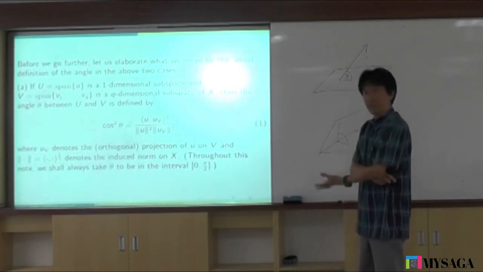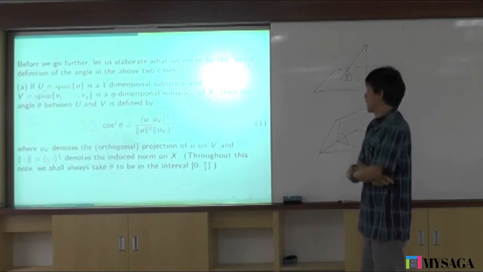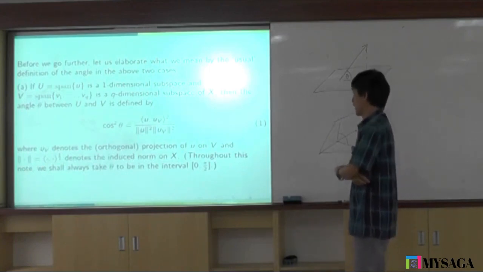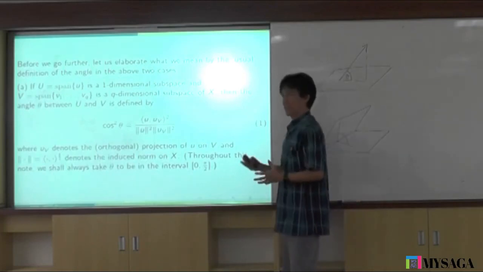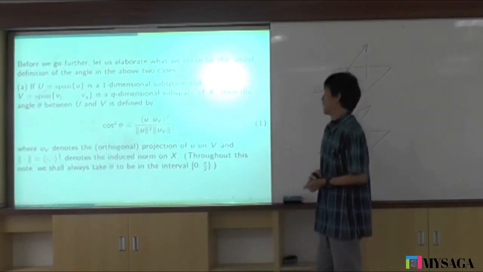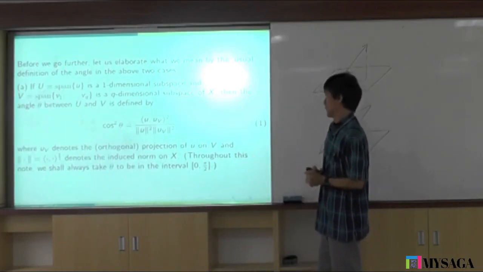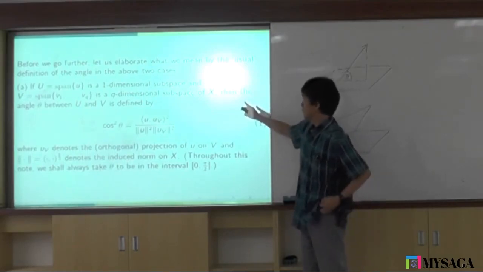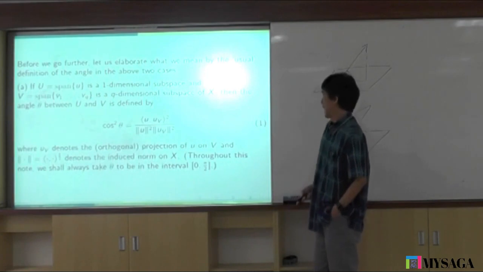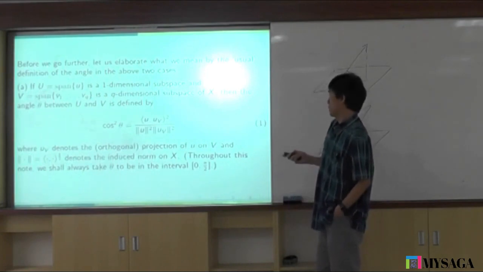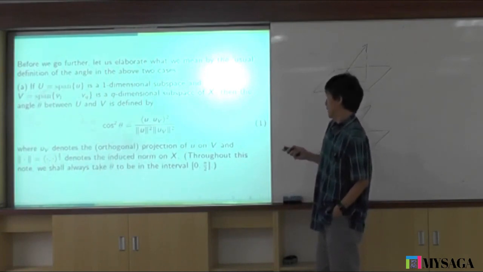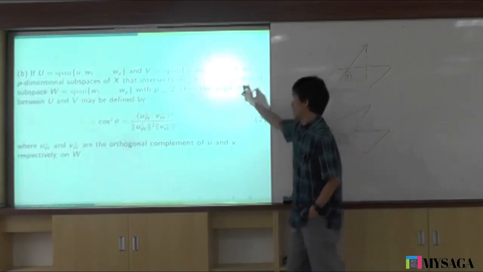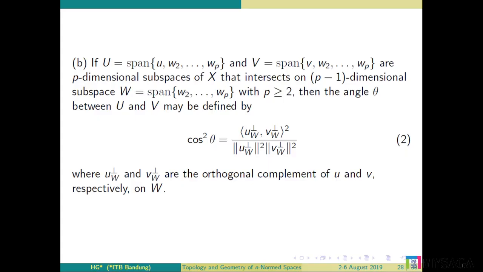Because we have an inner product. So the cosine of that angle is the inner product divided by the product of the norms. In the case of A, yes, we do have that, and also in the other case. Okay, so that's what I mean by usual.